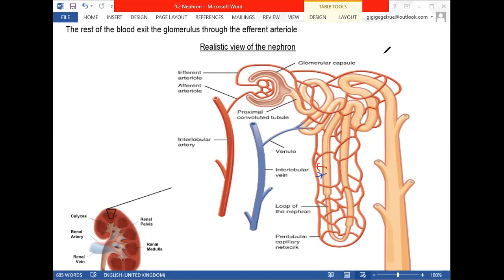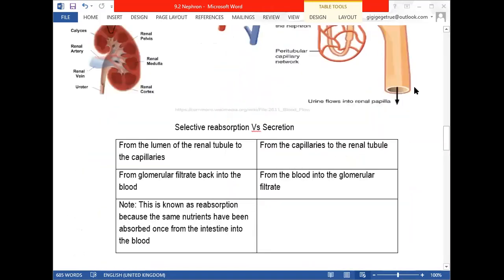Simple as that. We call this reabsorption because the same nutrients have been absorbed once from the intestine into the blood. So this is the second time it is being absorbed, so we call it reabsorb.